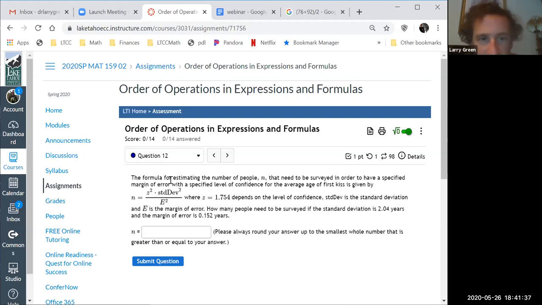Over, so times the standard deviation, I'll tell you in a minute what's interesting, 2.04 squared over E squared. Yeah, no, this is right. It's a little different than I do it though. And E is 0.152 squared.